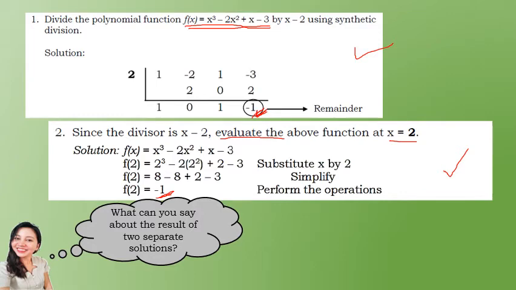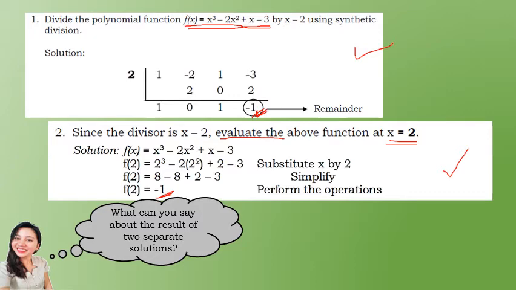And when the function was evaluated at x equals 2, the answer is negative 1. This means that whether you use synthetic division or any division, or evaluate, you get the same answer: negative 1, negative 1.